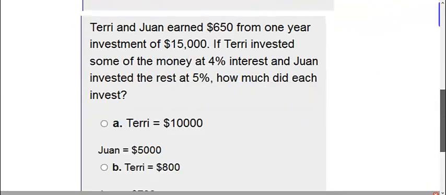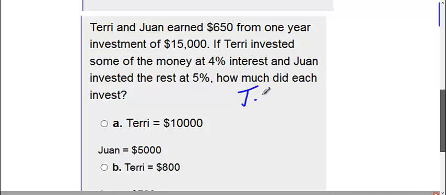We have Terry and Juan earned $650 from one investment of $15,000. If Terry invested some money at 4% interest and Juan invested the rest at 5%, how much did each invest? Okay, so Terry and Juan both earned $650 in 1 year. They invested $15,000.